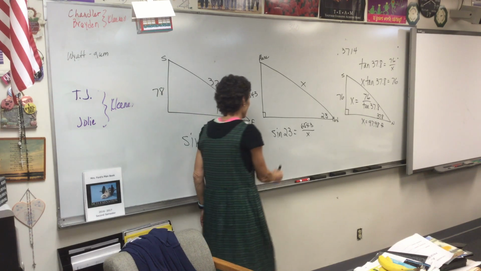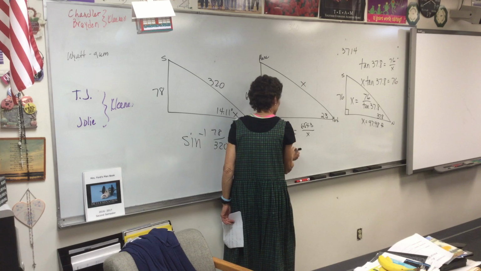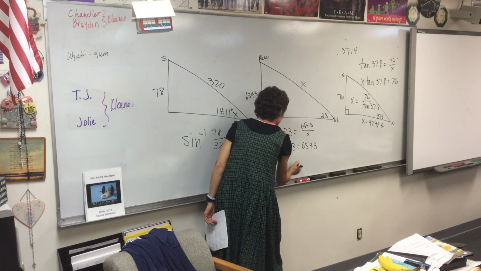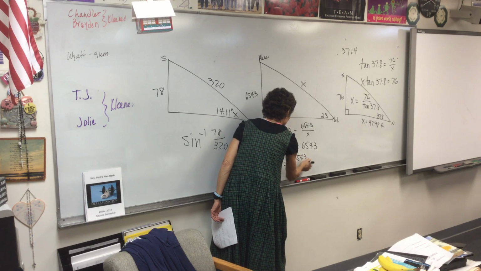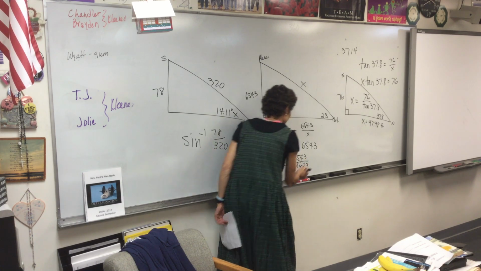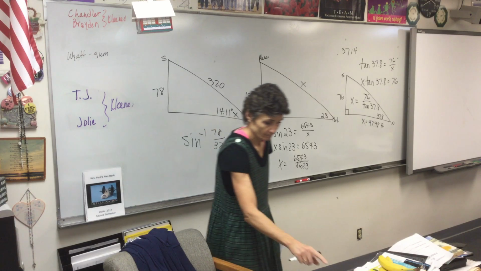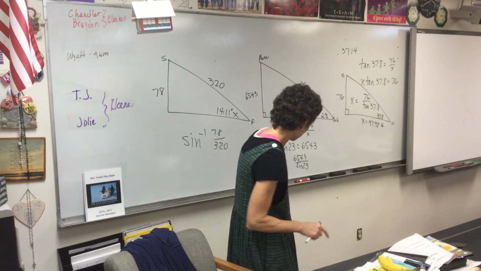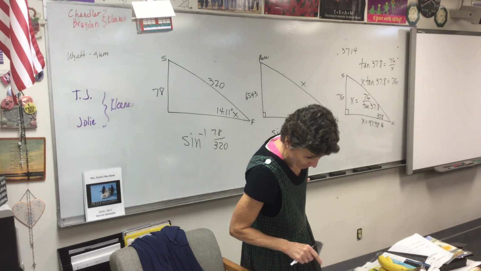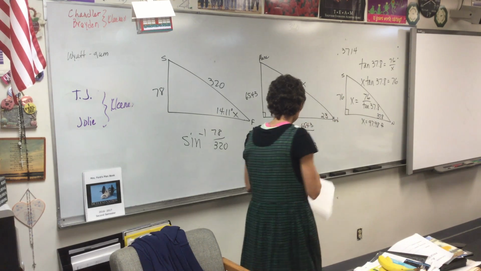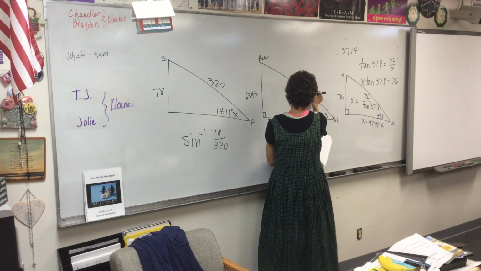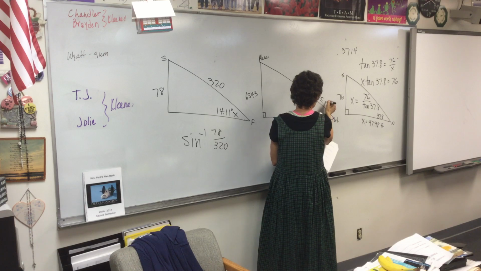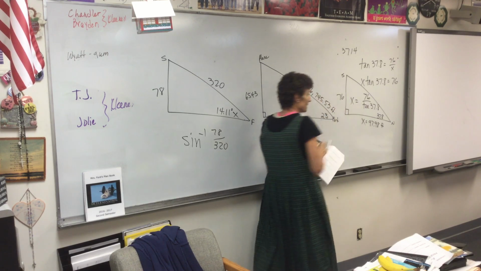Right? So x sine 23 equals 6,543, and 6,543 over sine 23? Oh, I got a big number, did you? 16,745.53 feet.